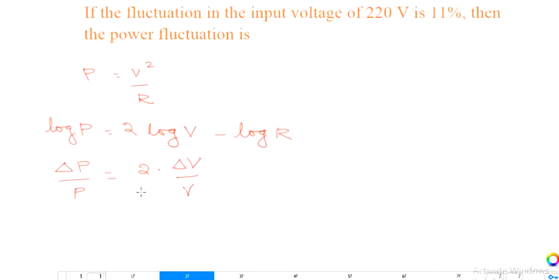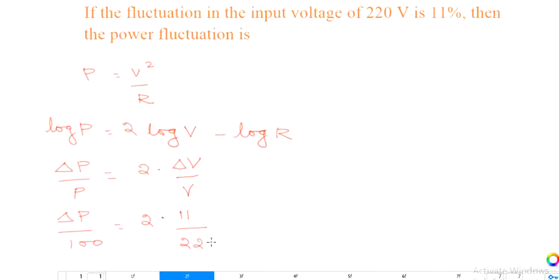I think this formula we have already seen, therefore I am not explaining too much. Now, for percentage calculation, we have to take P equal to 100. Then delta P divided by 100 equals 2 into delta V, which is your fluctuation in the voltage, that is 11%, divided by your supply voltage, which is 220.